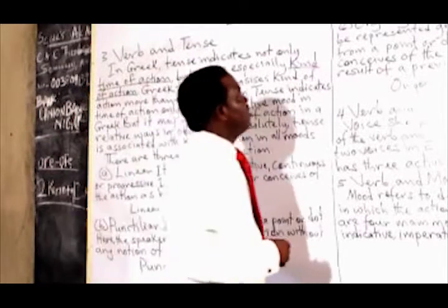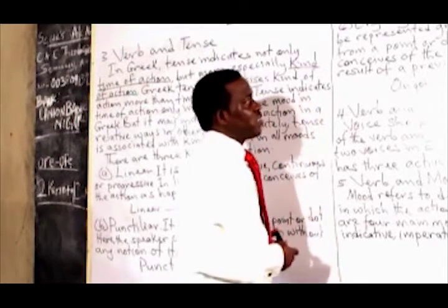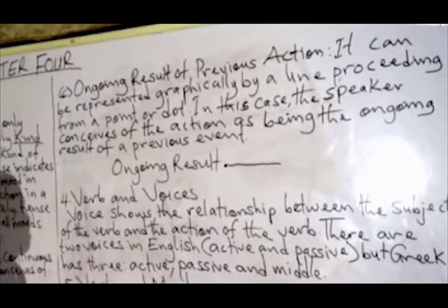The third one is ongoing results of previous action. It can be represented graphically by a line proceeding from a point or dot. In this case, the speaker conceives of the action as being the ongoing result of a previous action.